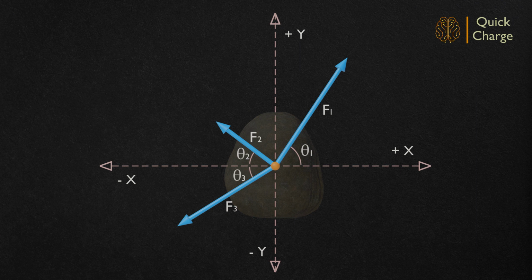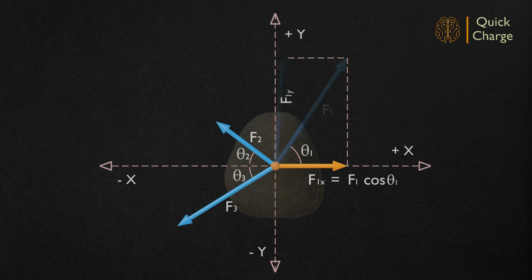The first step is to split each force into horizontal and vertical components. As seen earlier, F1 can be split into horizontal component of F1 cos θ1 and vertical component of F1 sin θ1.